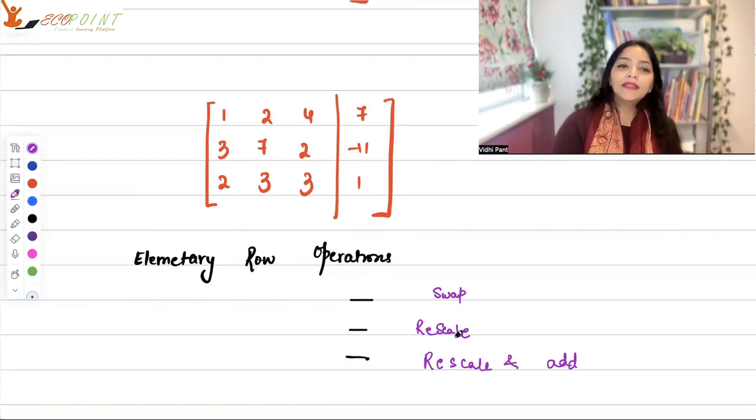And then with the elementary row operations, by rescaling and adding, you can create a scenario where you will be able to find the solution to this system of equations very easily, which is something that I will cover in my next lecture. Thank you very much for watching.